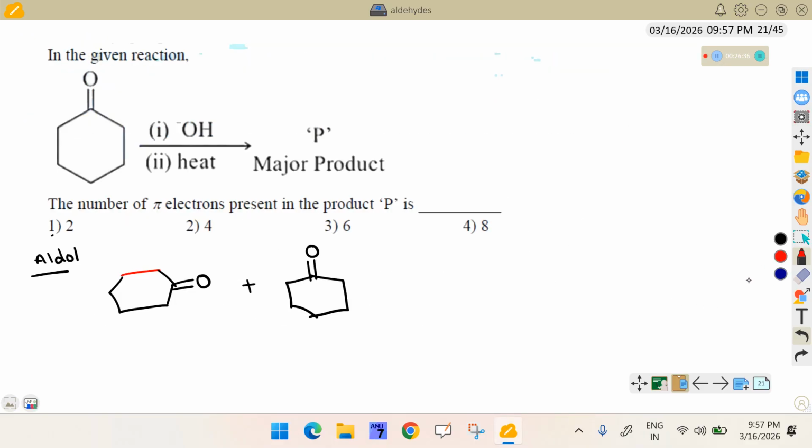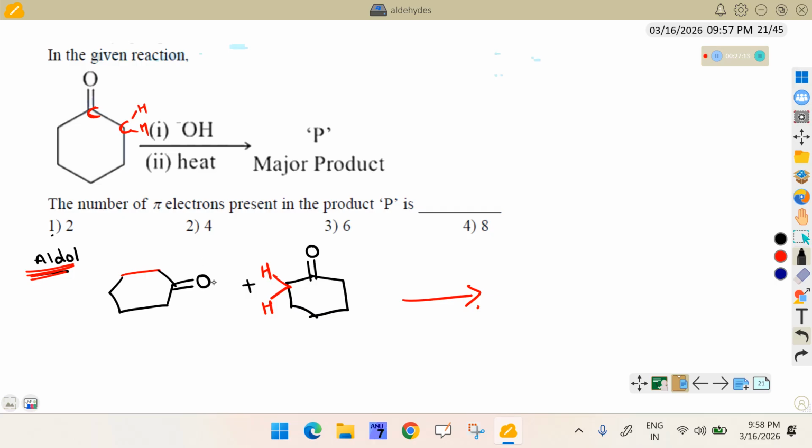The next question, ketone in the presence of dilute base. Ketone contains alpha carbon, and alpha hydrogen atoms are also present. So it participates in aldol condensation reaction. Aldol condensation takes two molecules of the same type of aldehyde or ketone. Then remove water molecule.